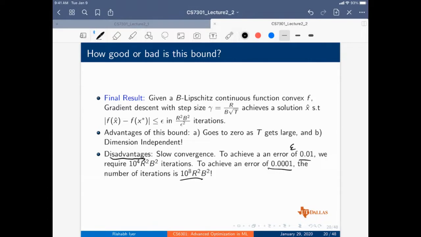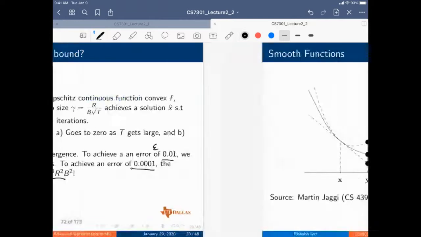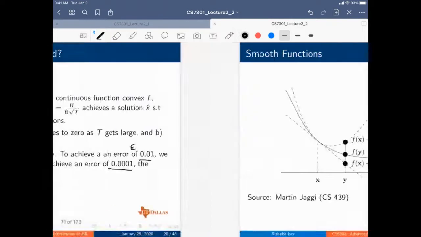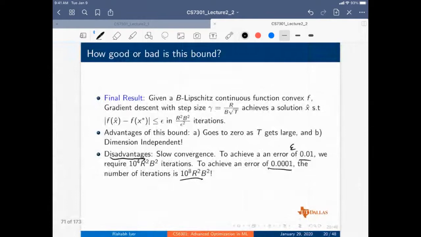I forget what it's called, but this is called 1 over epsilon square convergence. It's very slow. Typically in practice we hope for either logarithmic convergence or 1 over epsilon convergence.